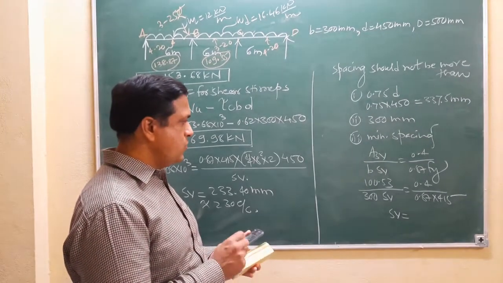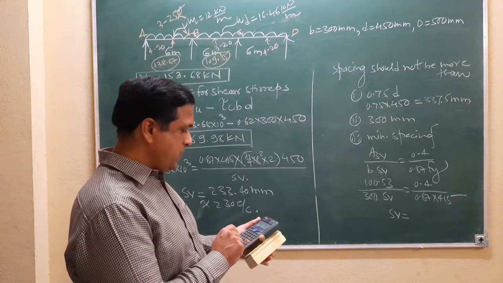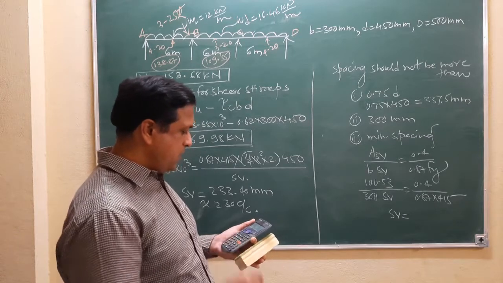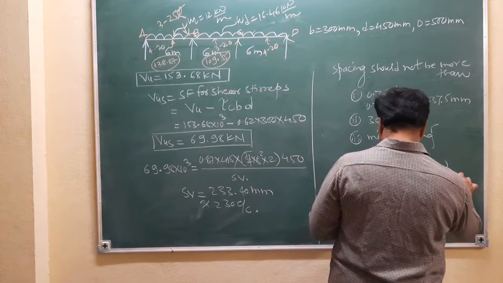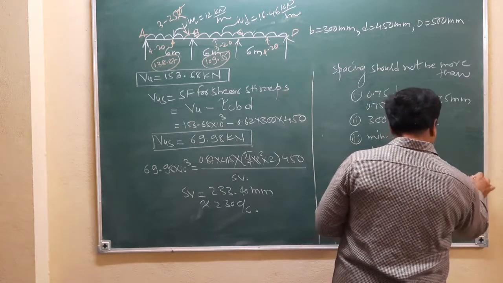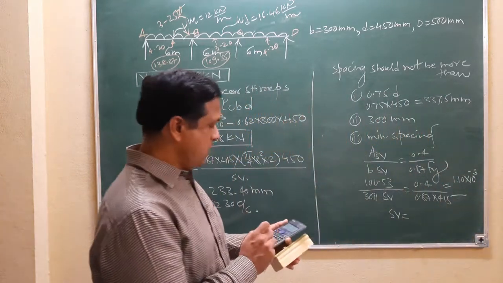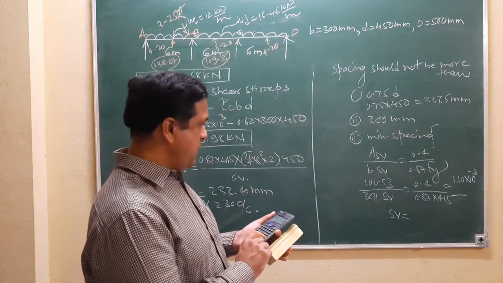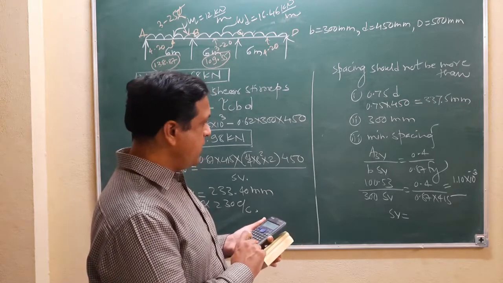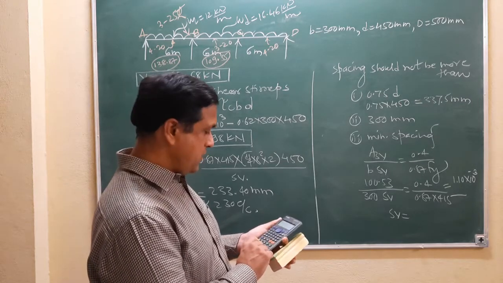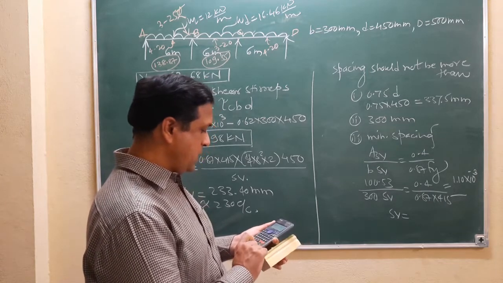So what is the value? 0.4 divided by 0.87 Fy is 1.10 into 10 raised to minus 3. So 100.53 divided by 300 into 1.10 into 10 raised to minus 3.